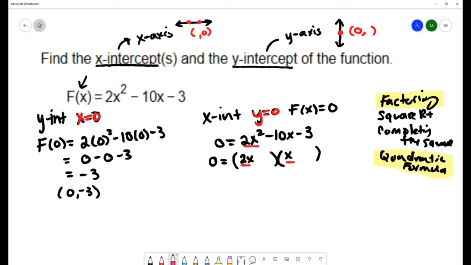Then the numbers that go in the back need to multiply to be this last number. That last number is a 3, and 3 only has one pair of factors, that's 1 times 3. So we're lucky in this example that we have very few choices for factoring, and that can help us figure out if it can factor very quickly. So I'm going to try 3 times 1 like this.